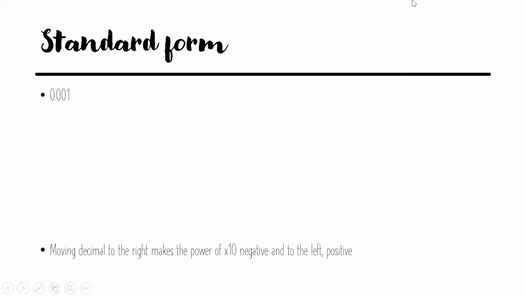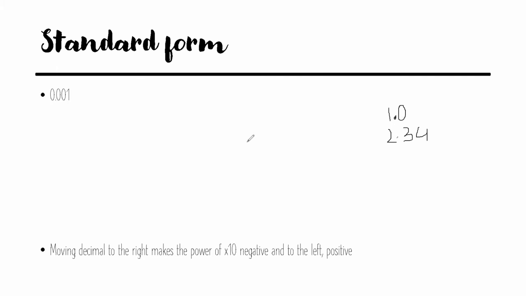And if I want to express a value in standard form, I have 0.001, and I want to express this in standard form. Remember, when you move the decimal to the right, it makes the power of 10 negative, and to the left positive. So if I want to make it in standard form, it means that there is just one value to the left of the decimal place. This is standard form because there's just one value to the left of the decimal place.